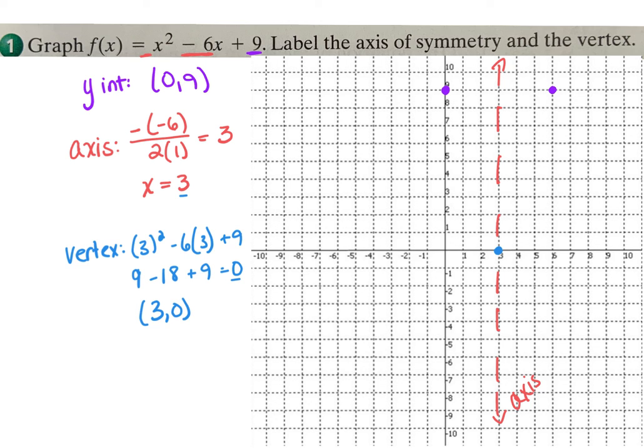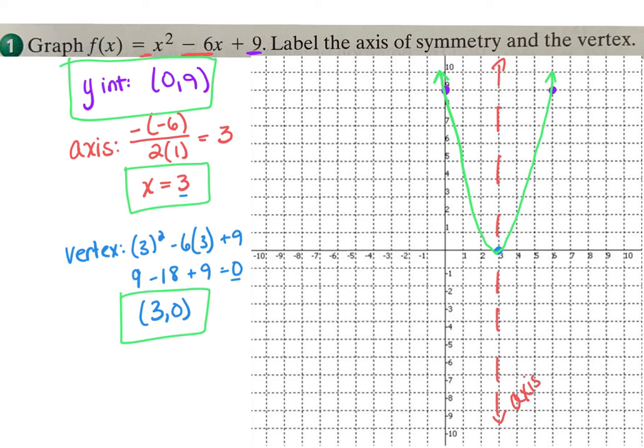And then to sketch that graph, I'm just going to do the U shape of my parabola here. So that's what that should look like. So on a quiz or test, y-intercept of 0, 9, axis of x equals 3, and vertex of 3, 0 would be the 3 things you're looking for, and then the graph should follow what you found there.